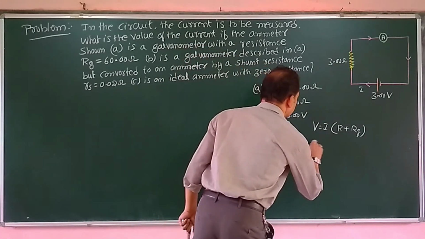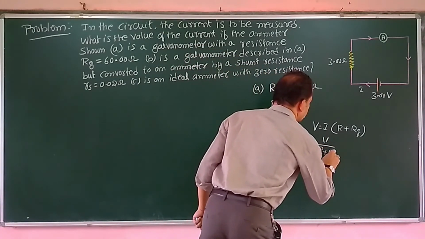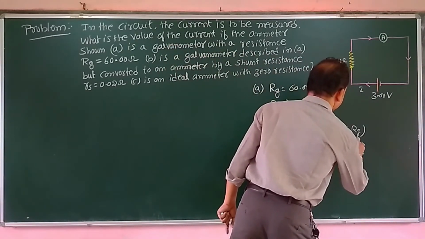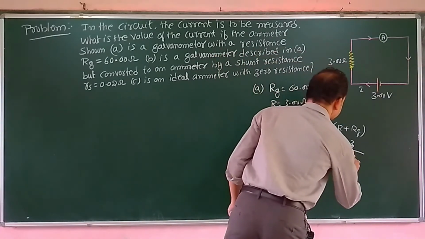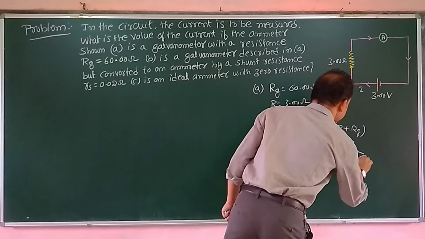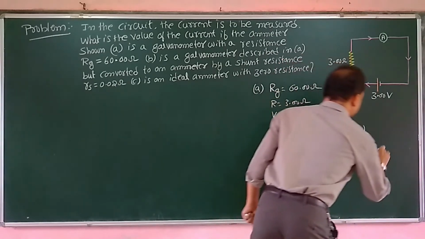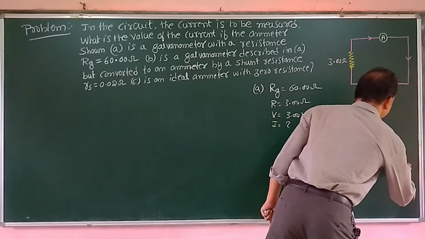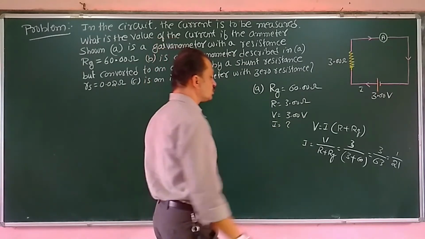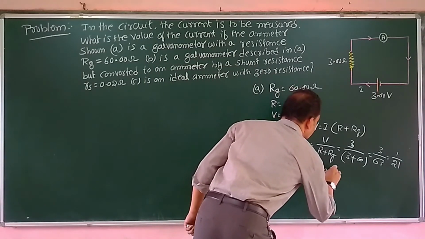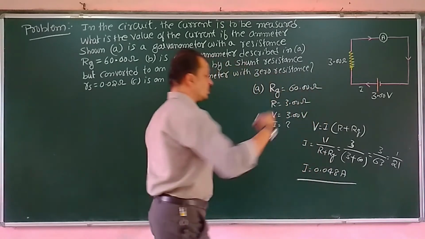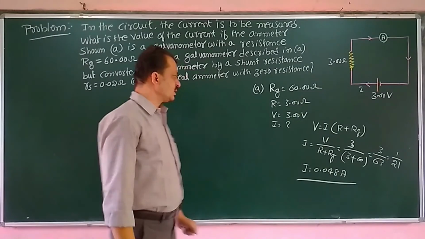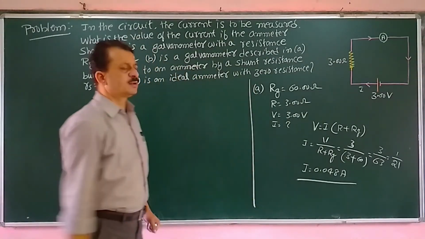Therefore I is equal to V divided by R plus Rg, which is 3 divided by 3 plus 60, that is 3 by 63, 1 divided by 21. Using the calculator, I get current equal to 0.048 amps. That is the first case. Clear?